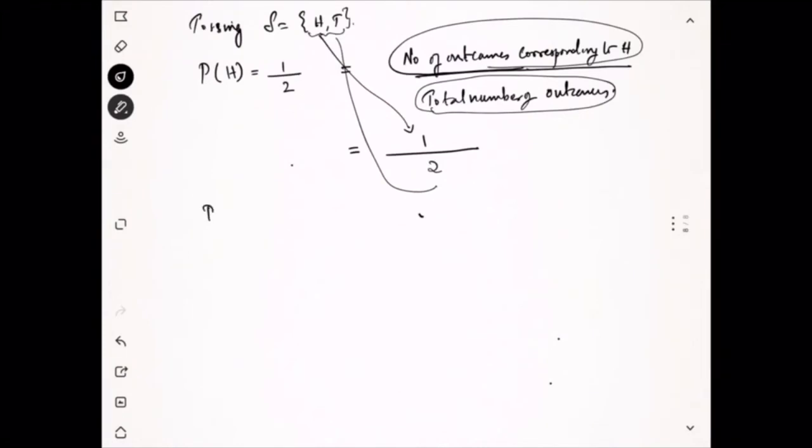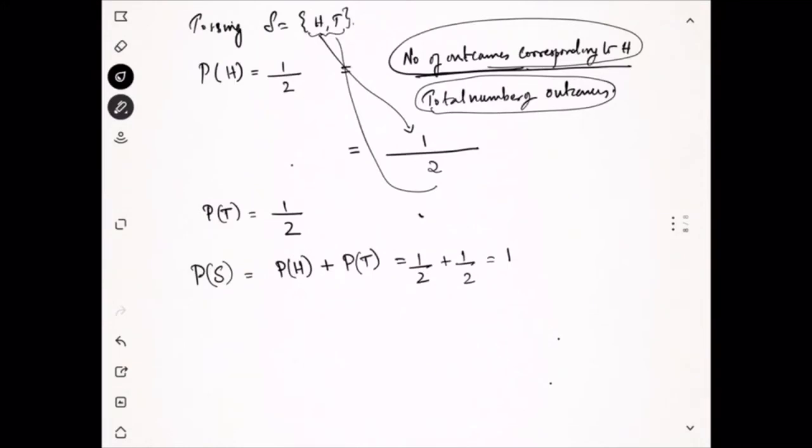The probability of tail is also, in the same way, 1 over 2. Now what is the probability of the sample space? In the sample space we have 2 outcomes, either head or tail. It is the probability of head plus the probability of tail, which is 1 by 2 plus 1 by 2, equal to 1.